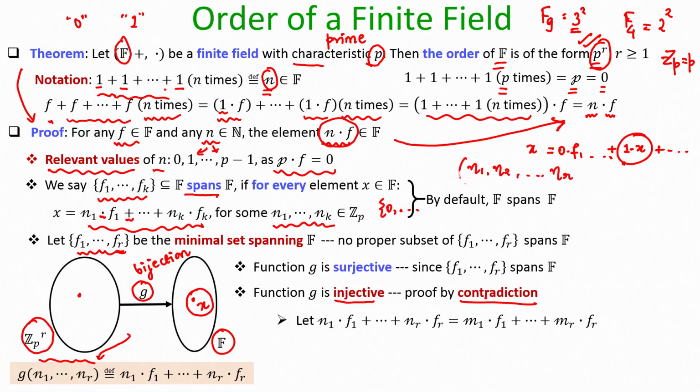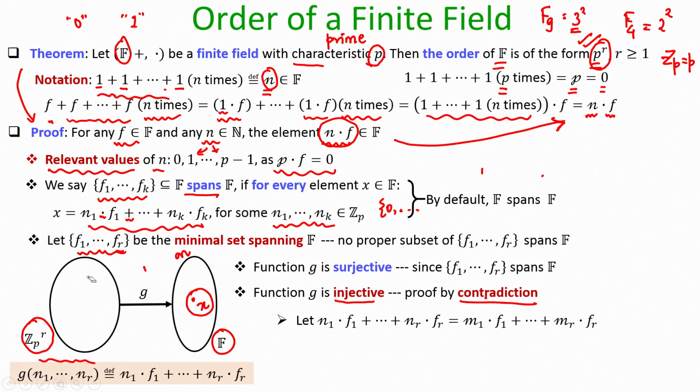Let me write down these different R tuples here itself, because I will need this space. So, imagine you have two different R tuples N1 up to NR and another R tuple M1 up to MR, and say both of them gets mapped to the same element X as per the mapping G.